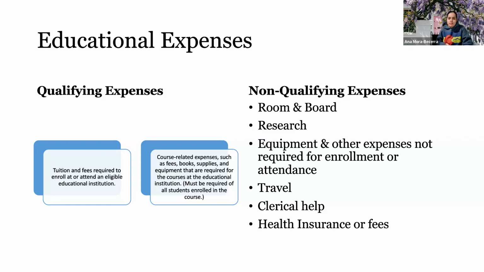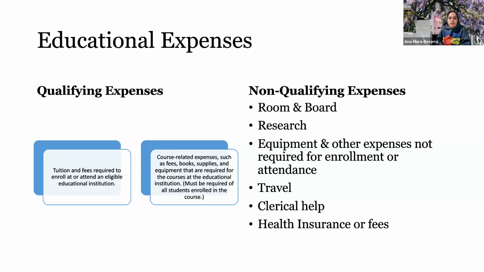So not everyone gets a higher education, but everyone has to have a place to live. That's why room and board is not covered. Research, equipment, and other expenses required for enrollment or attendance may not be qualifying. Travel, clerical help, and health insurance or fees that are not required are not expenses they can take. A lot of graduate students do pay for health insurance and such fees, so that's something to keep an eye out on.